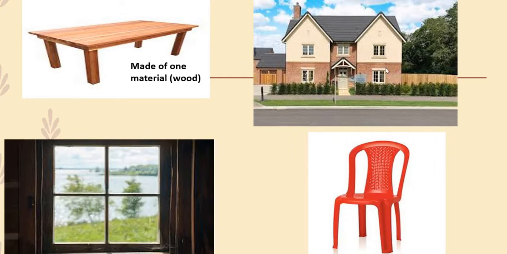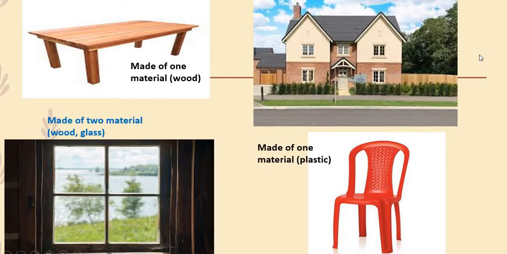Now, what do you think about the house? Is the house made of one material or more than one material? What are the materials we need to make a house like that? Yeah, we need wood, glass, iron, right? Many materials to make this house. Okay, what about the plastic chair?